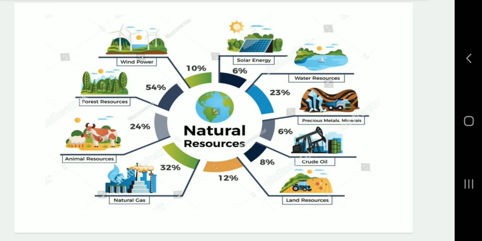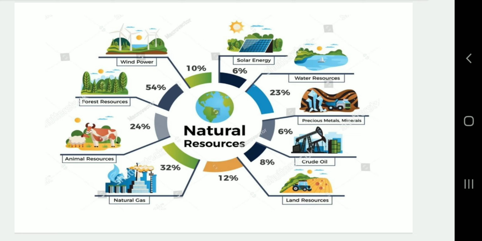We use most of the things from forest resource. 24 percentage comes from animal resource, 32 from natural gas, 12 percentage from land resource, 8 percentage from crude oil, 6 percentage from precious metal and minerals, 23 percentage from water resource. Water is also the second key player. Then 6 percentage from solar energy.